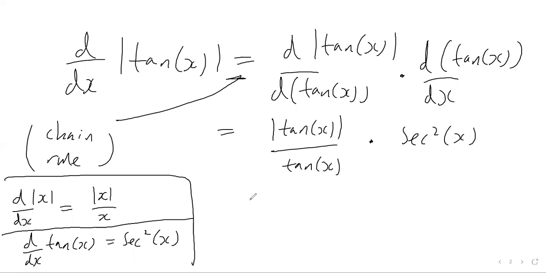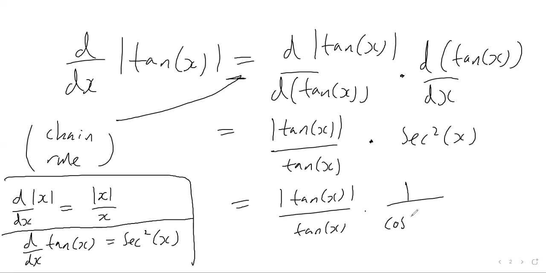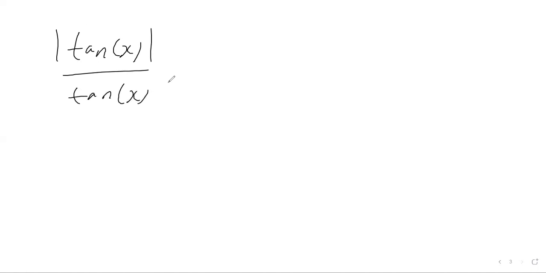We know that this is the modulus of tan x over tan x, and we also know that sec squared is just 1 over cos squared by definition. So that's modulus of tan x over tan x multiplied by 1 over cos squared of x. Now we know that tan is the same as sine over cos.